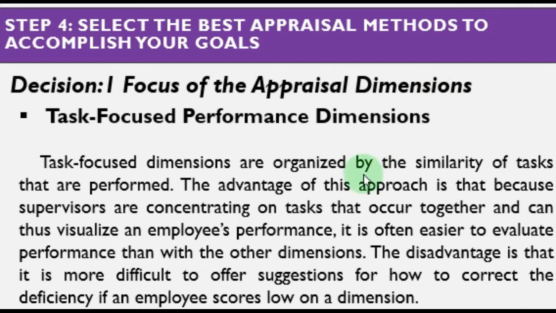So, ang kagandahan, makikita natin agad kung saan tayo pwedeng mag-concentrate. Okay? However, disadvantage is mahirap i-correct ito. Kunyari, kung dahil dun sa personality niya, kaya hindi niya nagagampanan yung isang task na yun, mahirap siya i-correct.